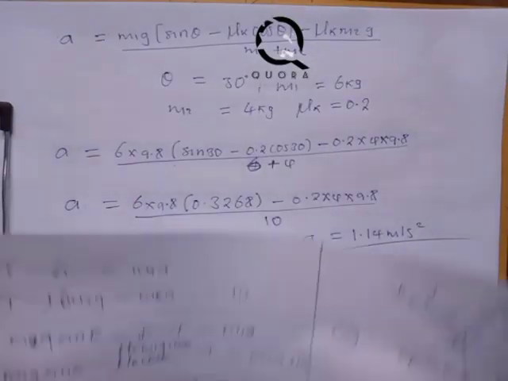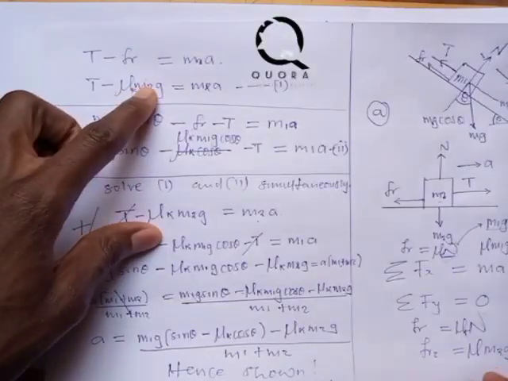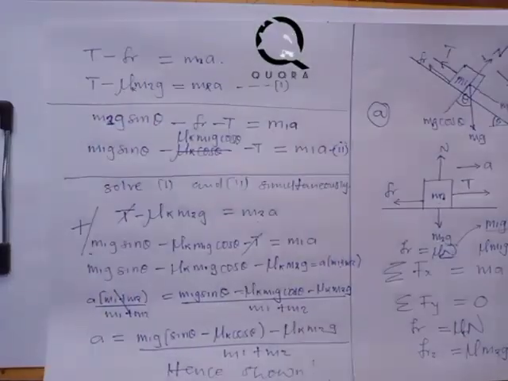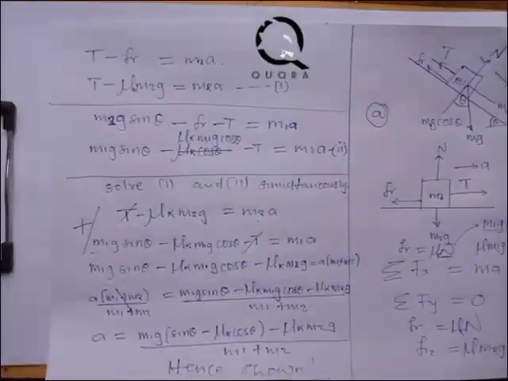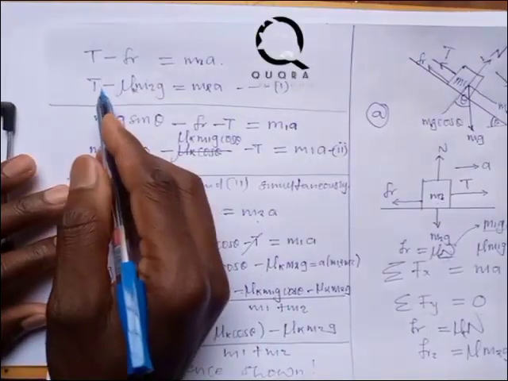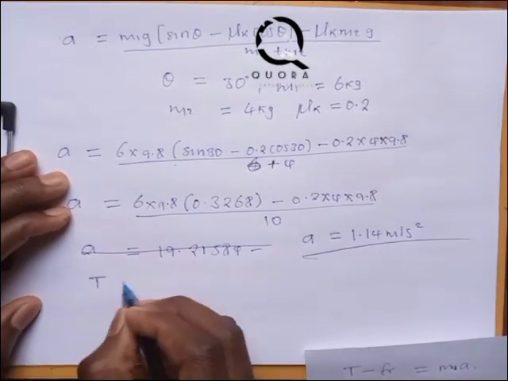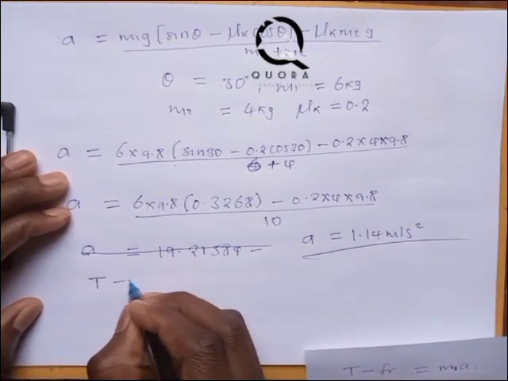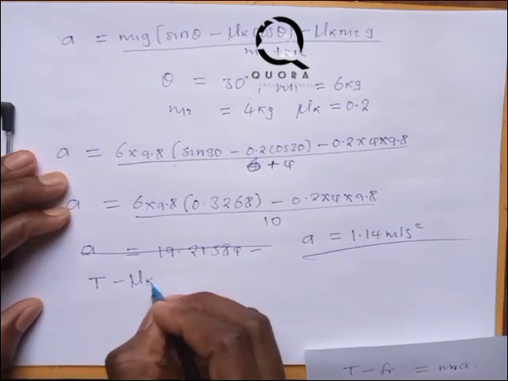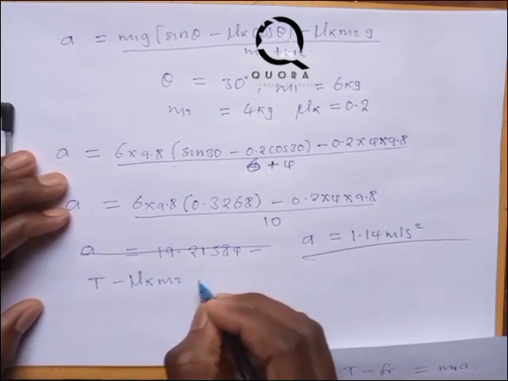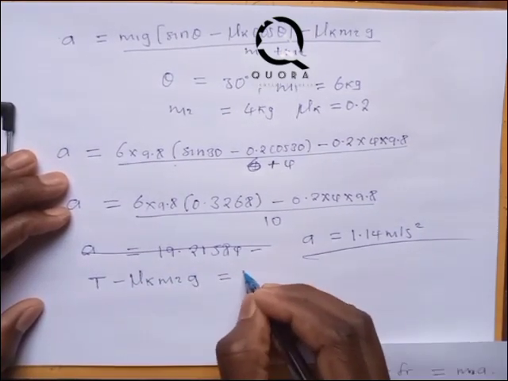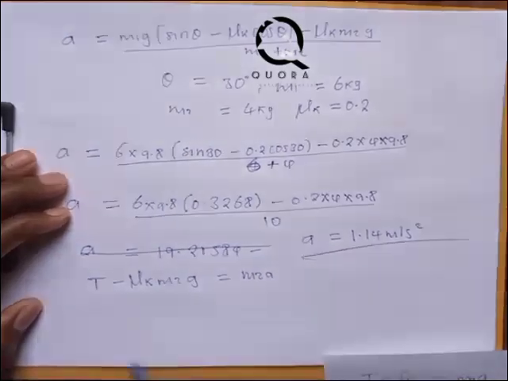All right, so we get back a bit to this formula. I want to find the tension now. To find the tension, I'll just pick this equation and write it down here. Say T minus mu K M2 g is equal to M2 a.